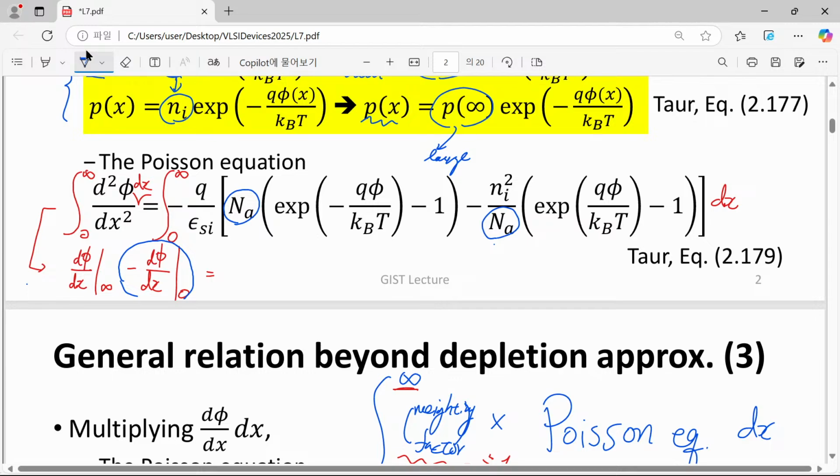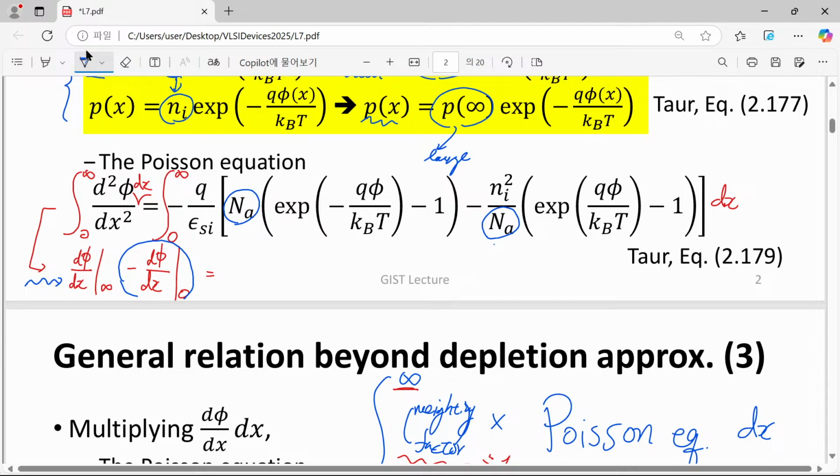But we can make a further simplification here. This is d phi over dx. What is it? This is the electric field, actually, minus the electric field at deep substrate. At deep substrate, we have already considered the neutral condition and no electric field exists.